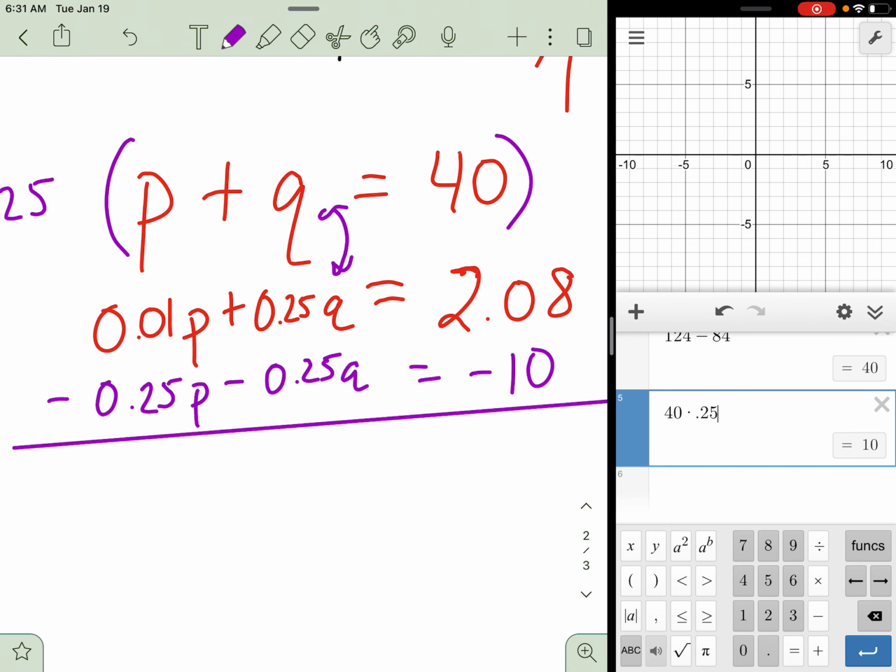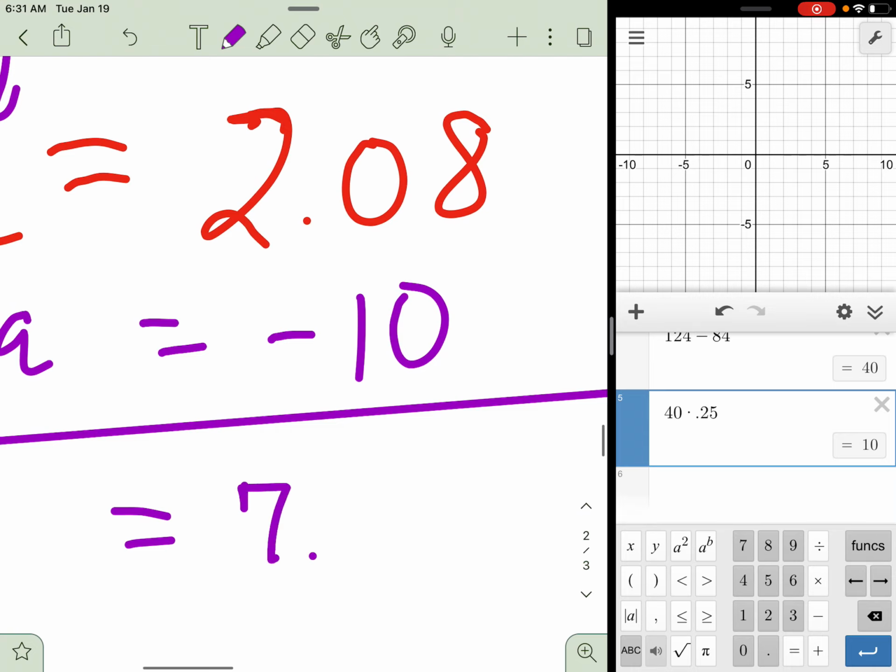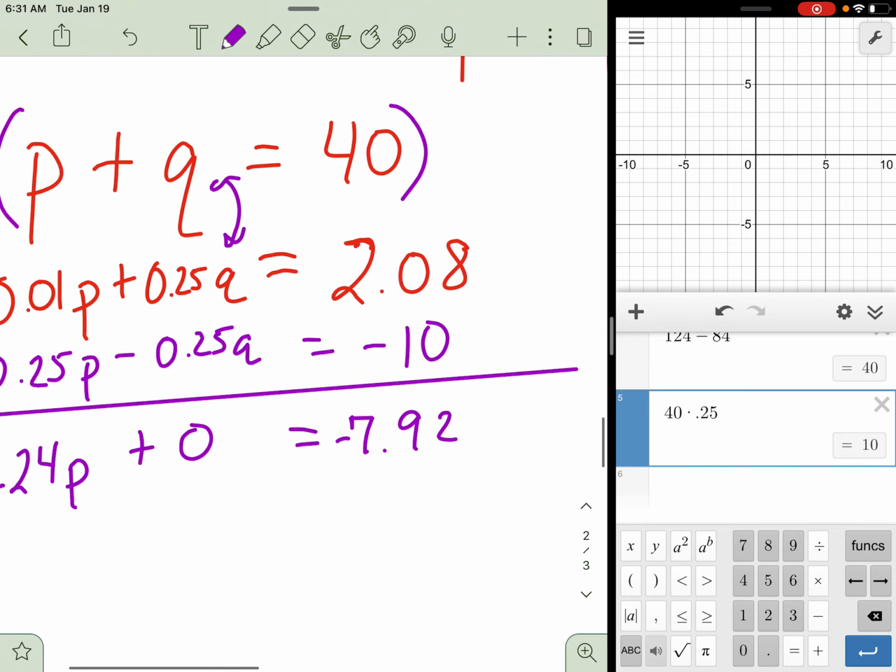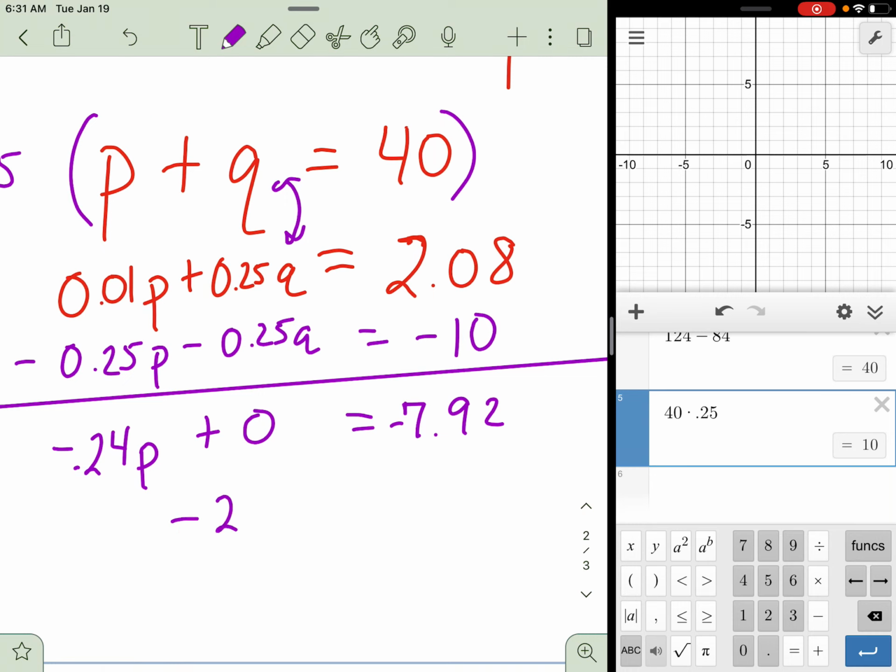Okay, let's keep going here. So now I have a negative 0.24 for pennies. We have 0 for quarters, and 10 minus 208 gives me negative 7.92. Okay, so now I have this negative 0.24p equals negative 7.92.